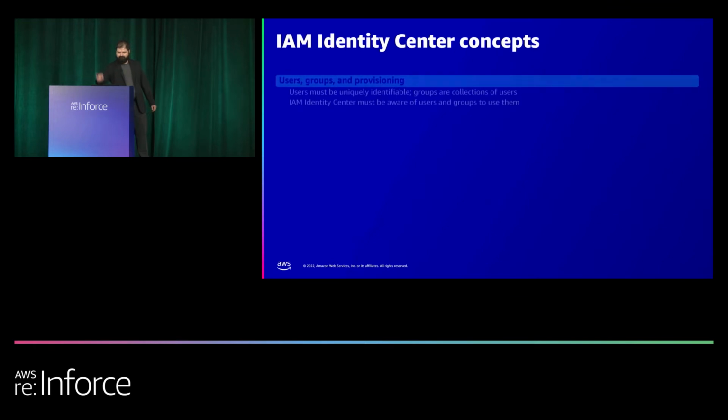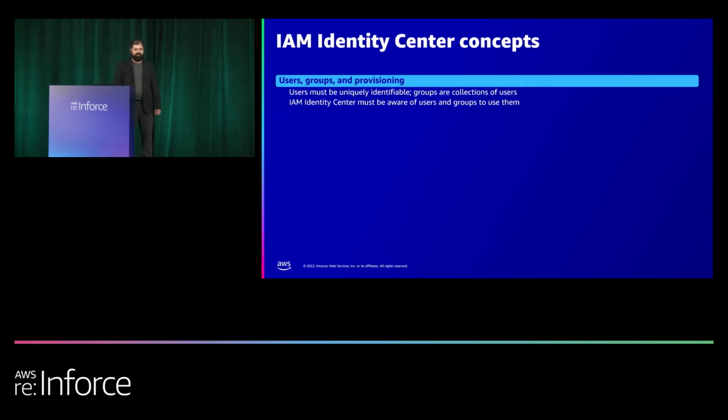So core concepts that we'll be using include users, groups, and provisioning. These are the workforce identities within your organization, their logical groupings, and the process to provision these users and groups into AWS IAM Identity Center.